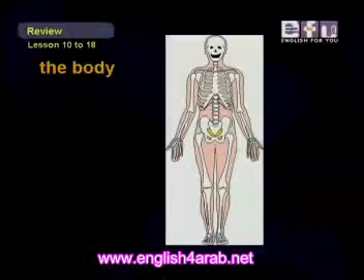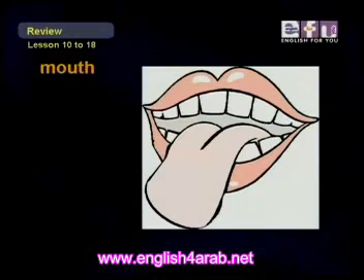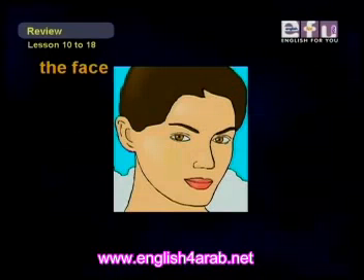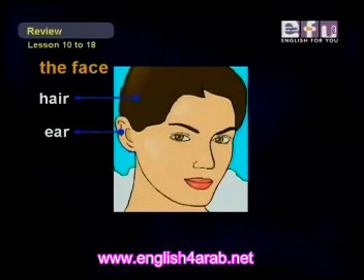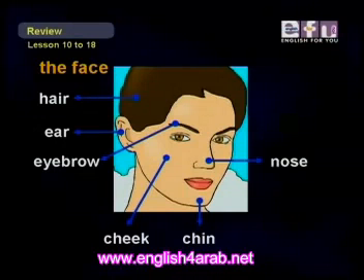So this is the body first, the face, the mouth, the lips, one lip, two lips, one tooth, many teeth, the tongue, here's the face again, hair, the ear, eyebrow, cheek, chin. Okay, so there's the face. And nose. We can't forget the nose.